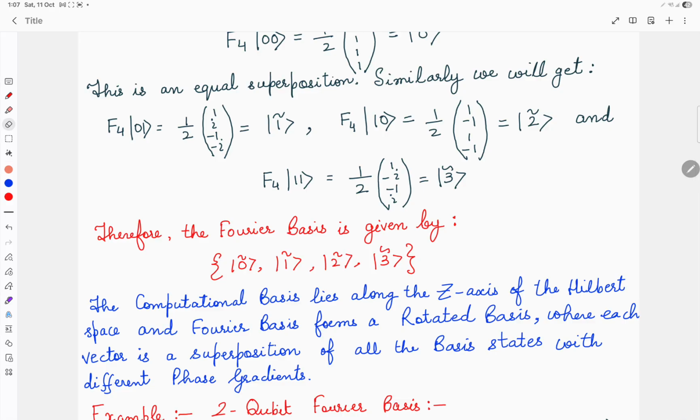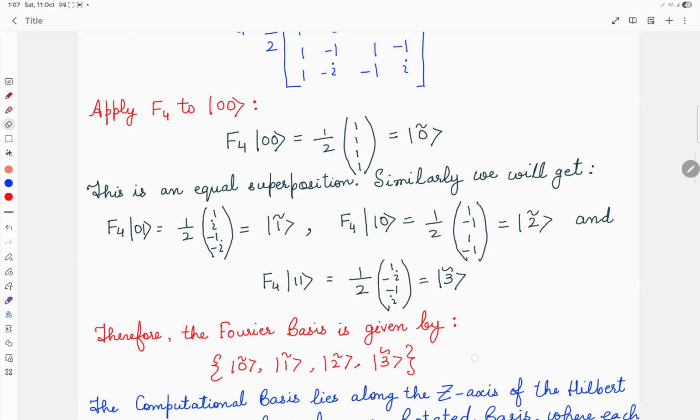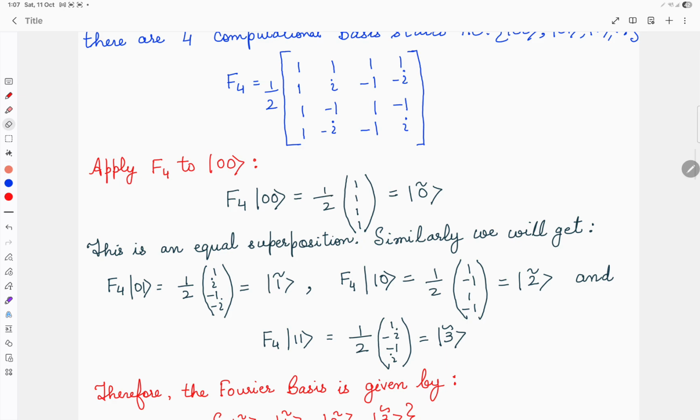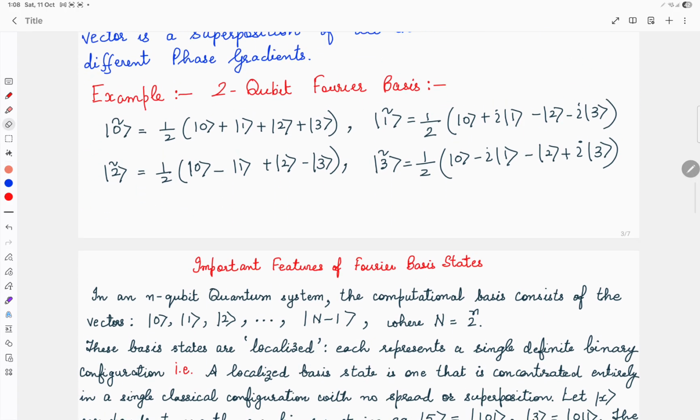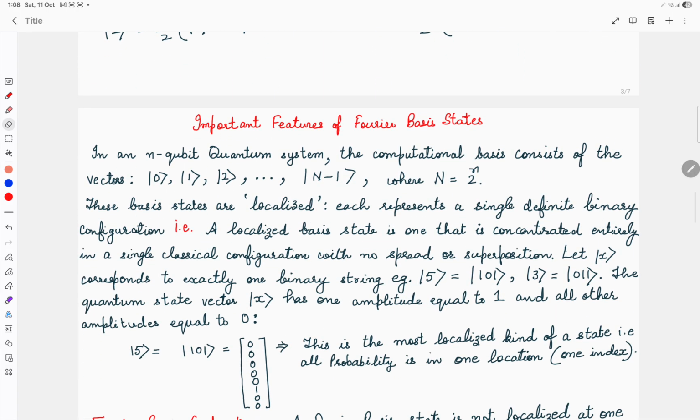And it will be a uniform superposition. For example, if you consider this output 1 by 2 of 1 1 1 1, this represents the equal superposition of all the 4 basis states, right? So we get a rotated basis where each vector is a superposition of all the basis states with different phase gradients. We will see the phase gradients also.